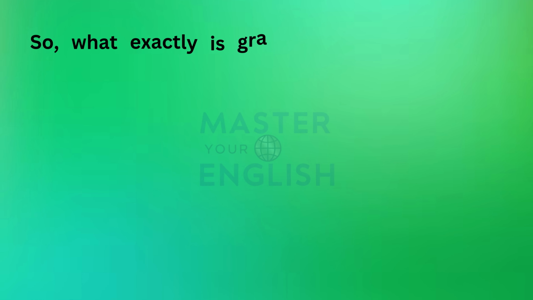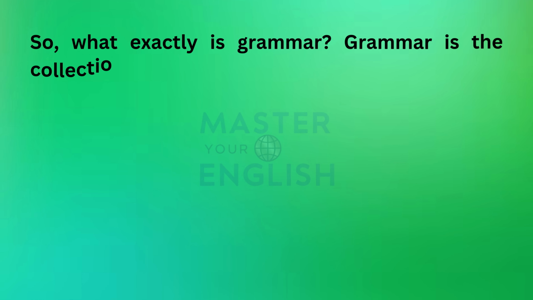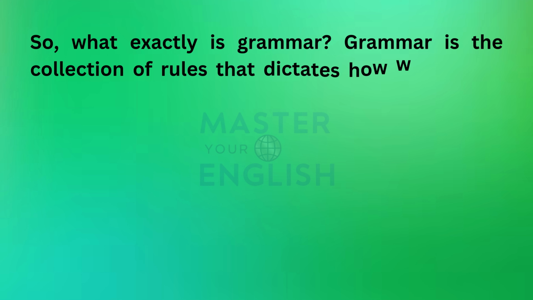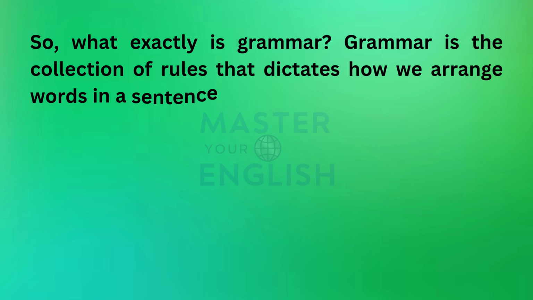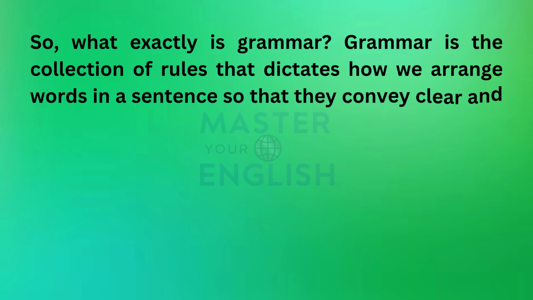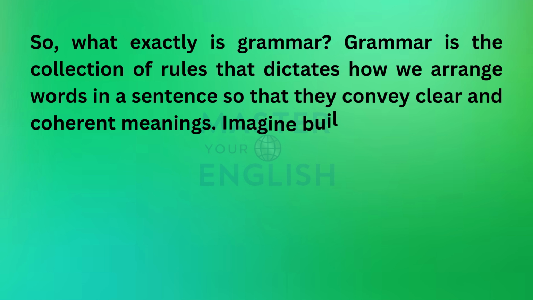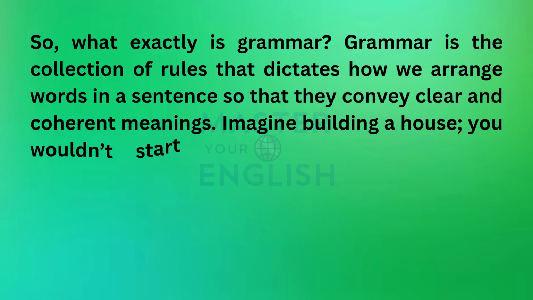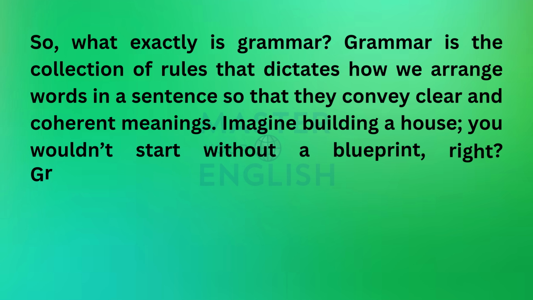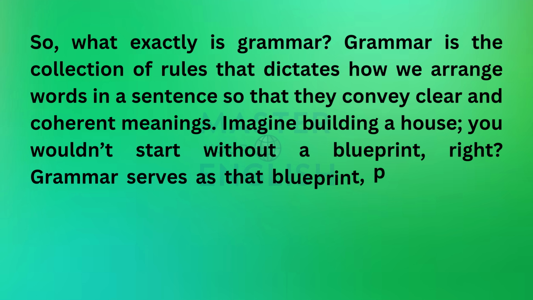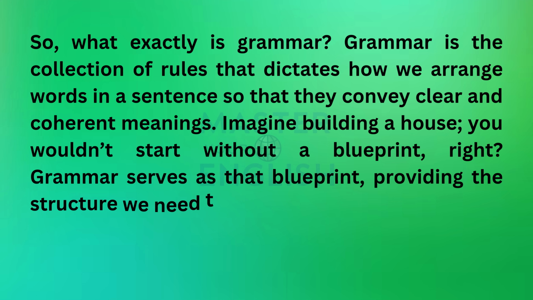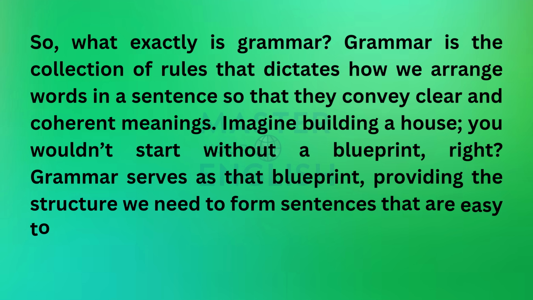So, what exactly is grammar? Grammar is the collection of rules that dictates how we arrange words in a sentence so that they convey clear and coherent meanings. Imagine building a house. You wouldn't start without a blueprint, right? Grammar serves as that blueprint, providing the structure we need to form sentences that are easy to comprehend.